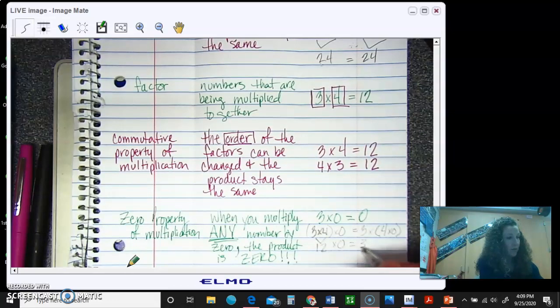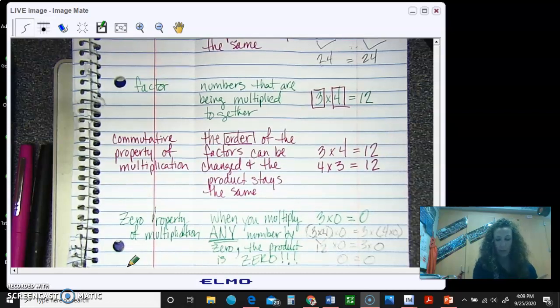You're going to bring that 3 down, and you're going to multiply 4 times 0, which is 0. So, what's 12 times 0? 0. What is 3 times 0? 0. Right? So, even if you start out with actual digits, actual factors, once you throw that 0 in the mix and you're multiplying, it's 0. Okay? So, be aware of that.